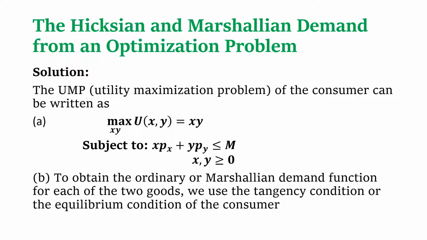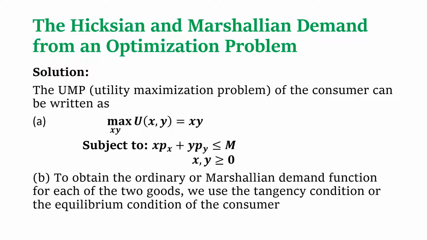That is to say, the marginal utility per dollar spent on the good must be the same across all commodities. Okay, so that is the tangency condition.